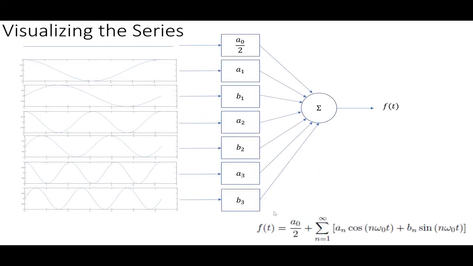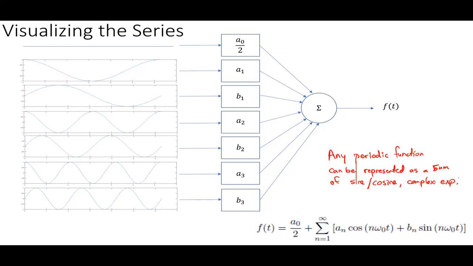The idea of a Fourier series is that any periodic function, again subject to some strange constraints that we're not going to talk about, can be represented as a sum of sine, cosine, or complex exponentials. That's our basic definition of a Fourier series.